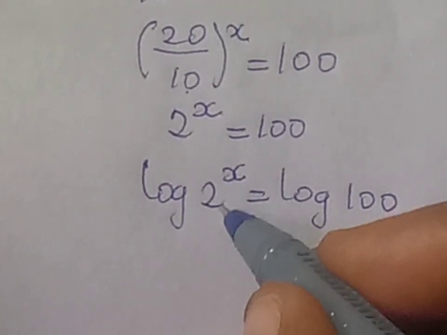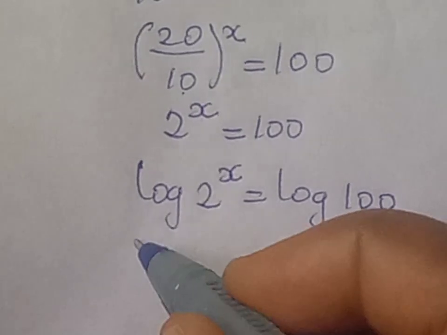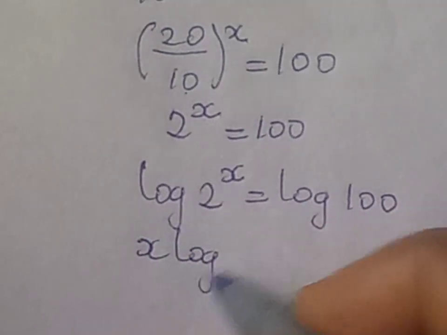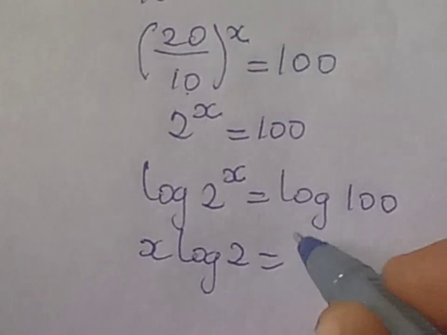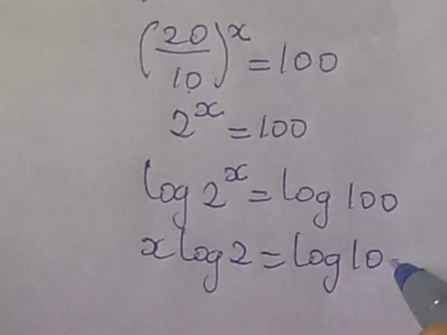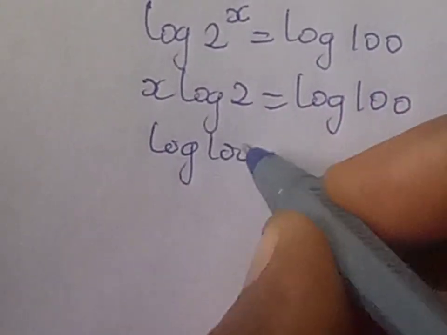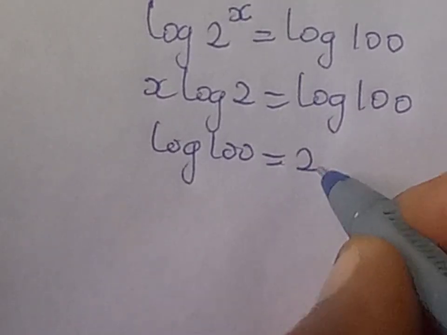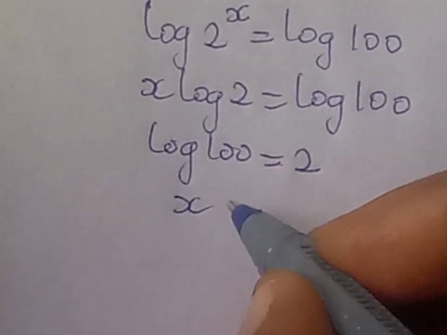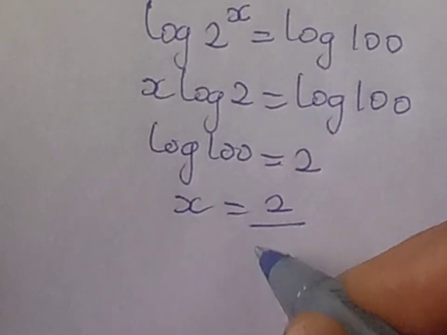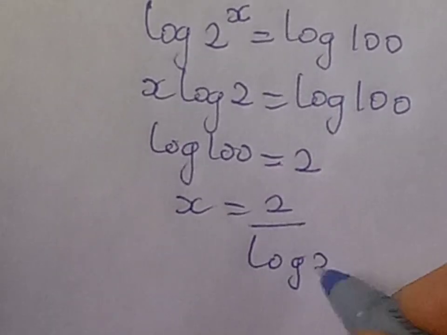Let's bring the exponent down, which becomes x log 2 equals log 100. Since log 100 equals 2, we have x equals 2 divided by log 2.